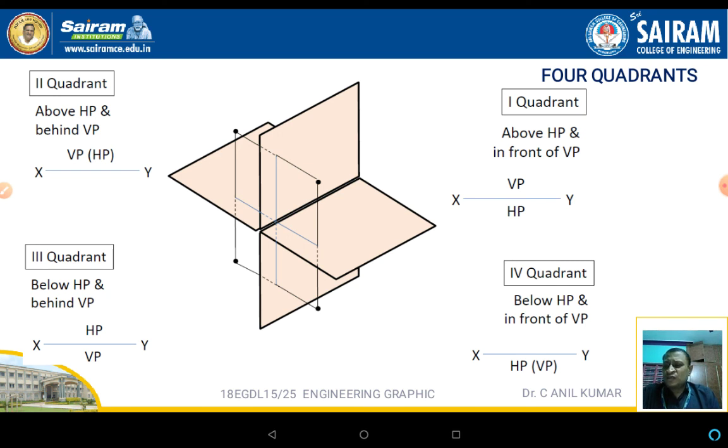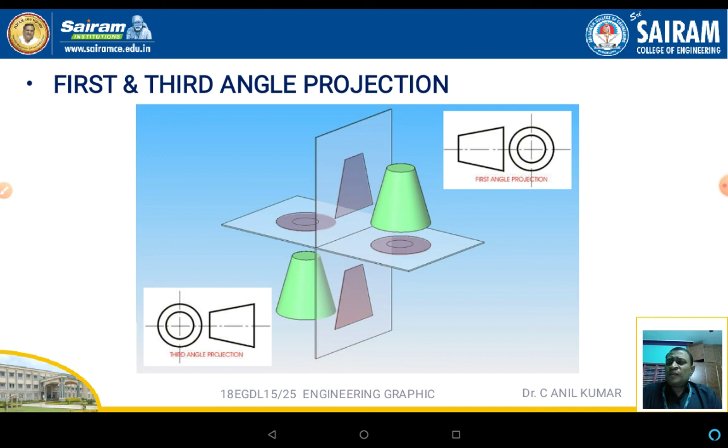The third quadrant, below HP and behind VP, a line XY, above one is HP and below one is VP. With respect to the fourth quadrant, below HP and in front of VP, a line XY, below it HP, within the bracket VP. The representation of the first quadrant and the third angle projection.